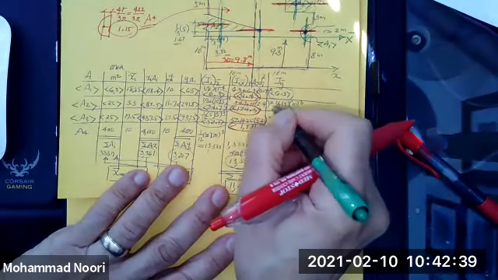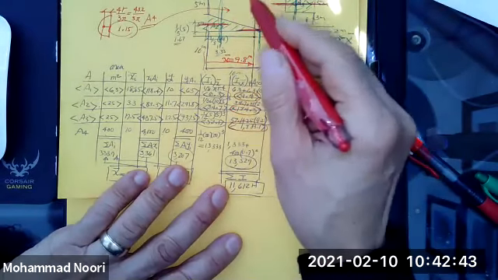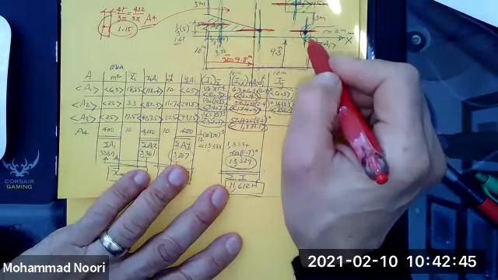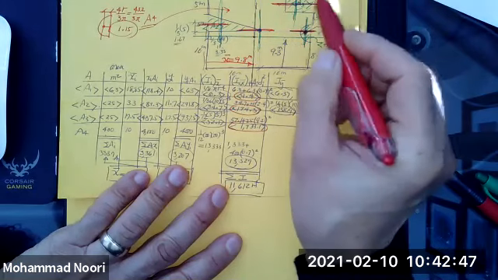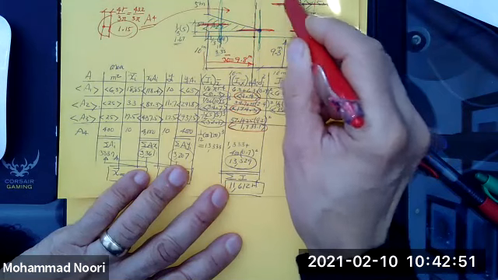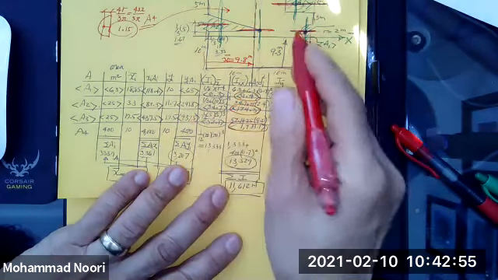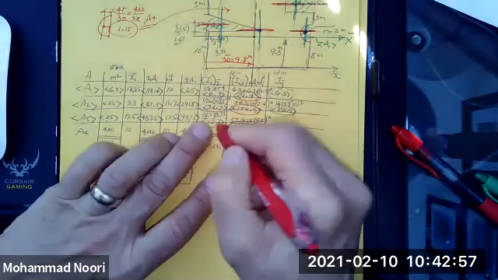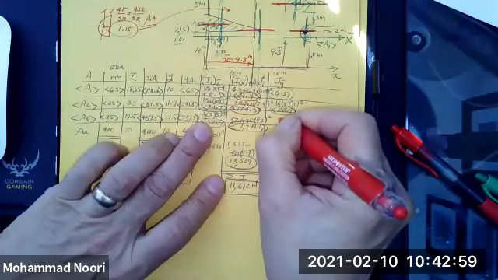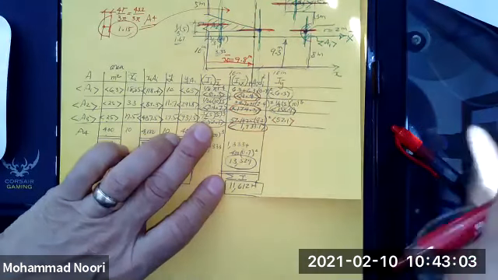Because that area doesn't exist. Now, for the third one, same thing: 1/12 of base times height cubed, which is going to be the same because it's a square. So these two come out to be the same, 52.1.